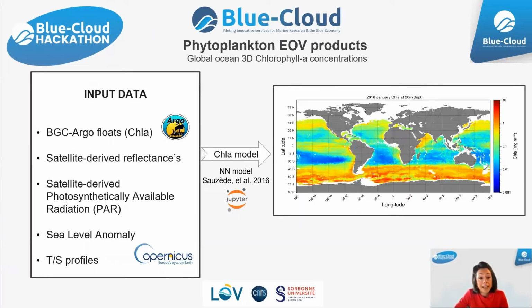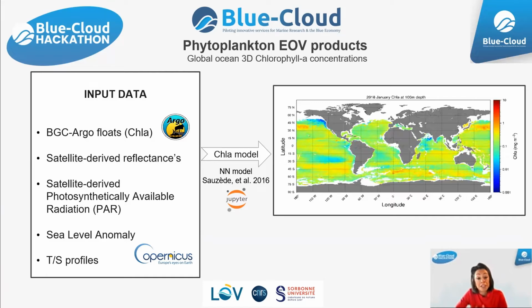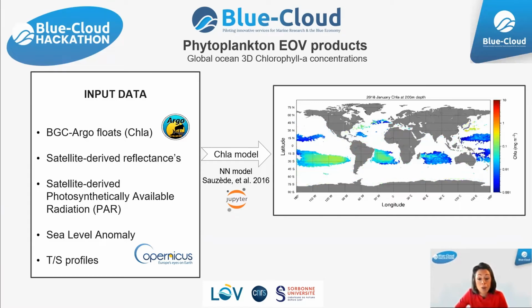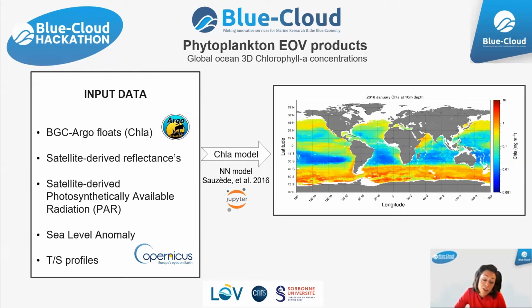So first, the phytoplankton essential ocean variable product consists of two different products. The first one is a product that has been developed to generate global ocean 3D chlorophyll A concentration maps. This is a proxy of phytoplankton biomass, and this has been done by using machine learning techniques.